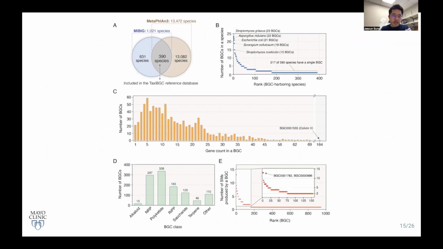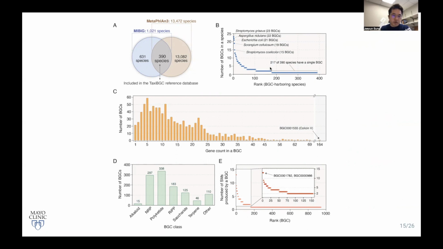Very briefly, we take into consideration 390 total species after finding these in common between MyBig and the MetaPhlAn 3 marker database. Hence, in the current version of TaxiBGC, the presence of up to this many can be queried in a metagenome. Now, among those 390 species, we show how many BGCs each species harbors, and many more than others.